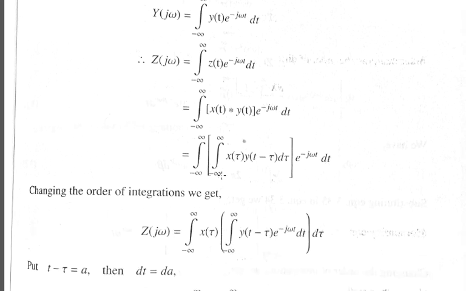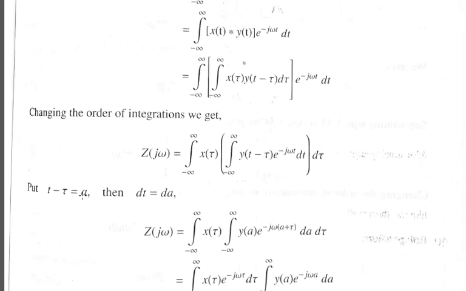And we do the interchanging of these integrations: x(τ) and the integration of y(t minus τ) e^(-jωt), and we have to replace this t minus τ with another letter. Let's take another variable a.